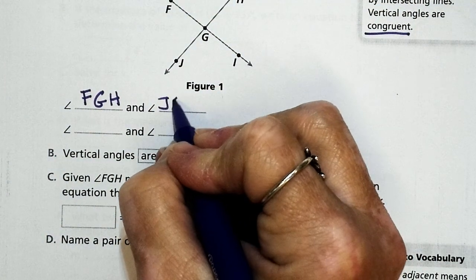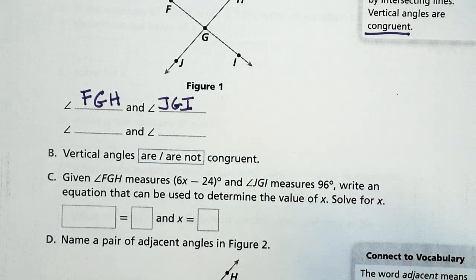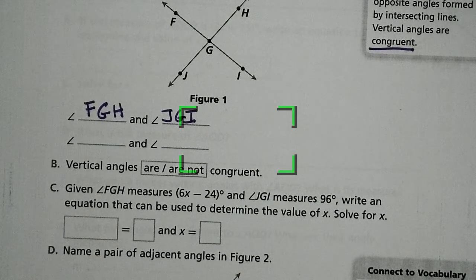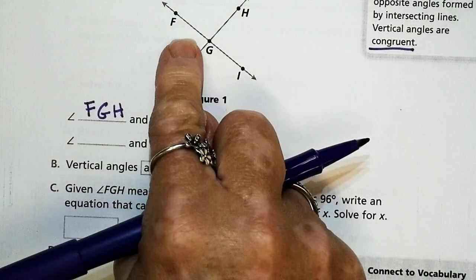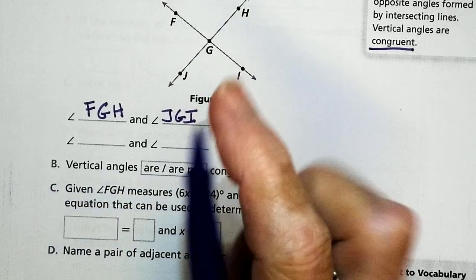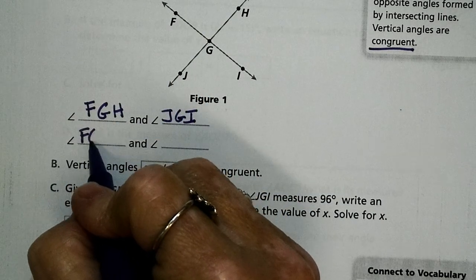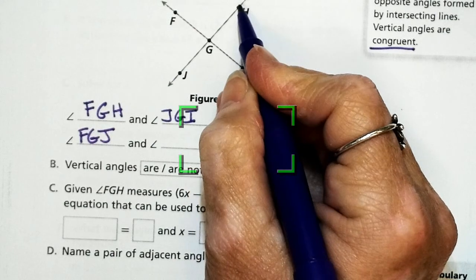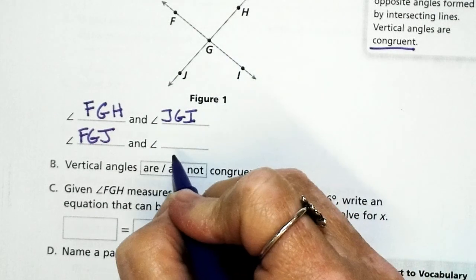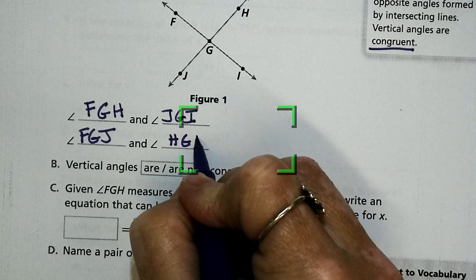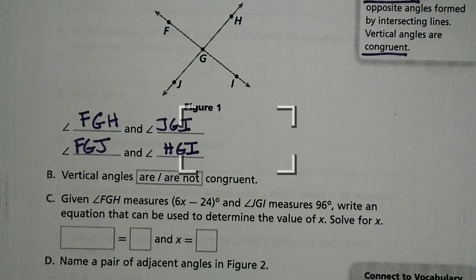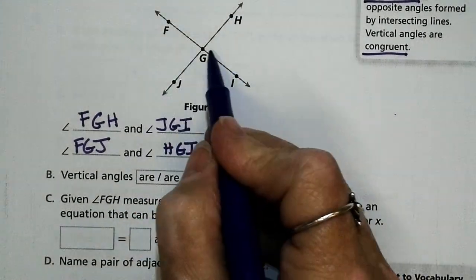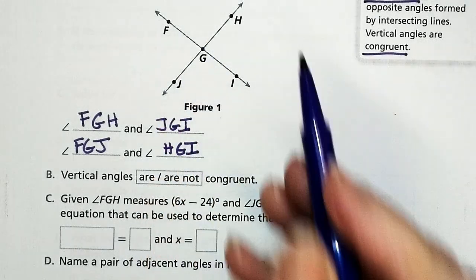This angle, FGJ, is vertical to HGI. Okay, so does everybody see that? So angles that are across from each other are considered vertical.